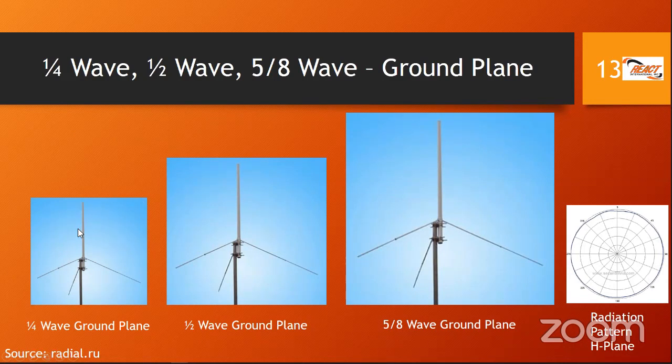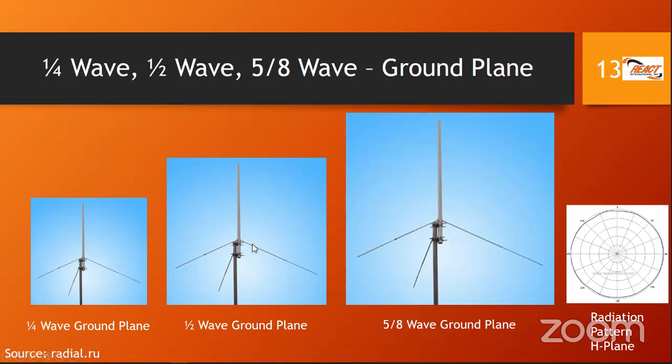So what that simply means is that the length of the antenna, in this case here for the quarter wave, is that the driven element from this point to this point is quarter wavelength of whatever frequency the antenna is cut for. For half wave ground plane, this driven element here is also a half wave in length from this point here to the base of the antenna.